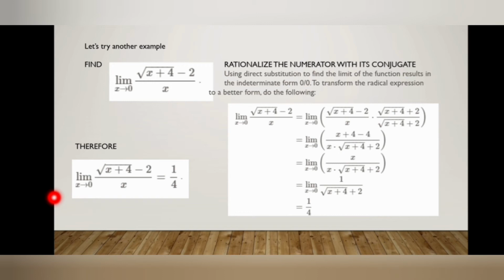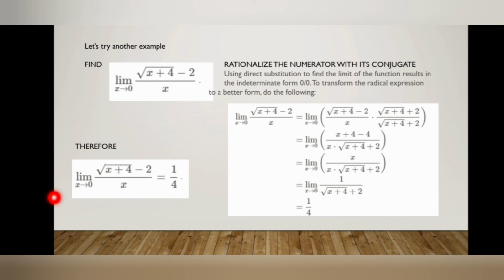Multiply your equation by its conjugate, square root of x plus 4 plus 2 over square root of x plus 4 plus 2. Our equation then becomes x plus 4 minus 4 over x times square root of x plus 4 plus 2. And after the use of substitution, you will get x over x times square root of x plus 4 plus 2.